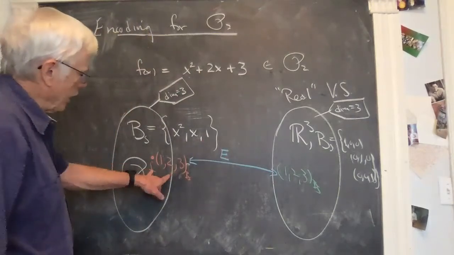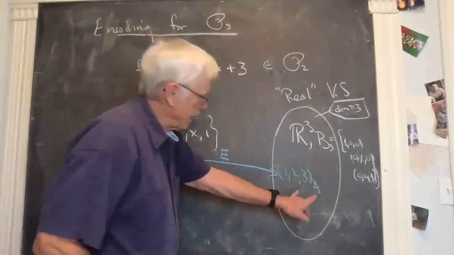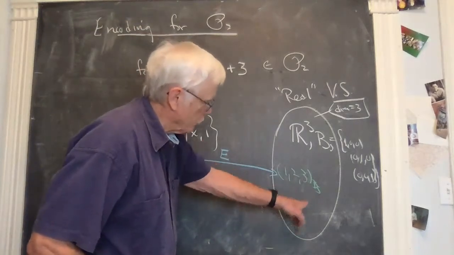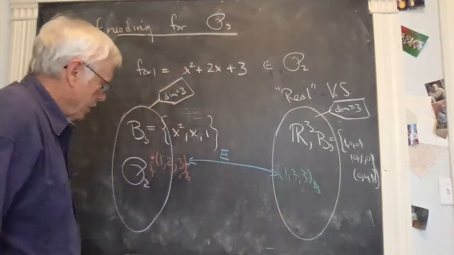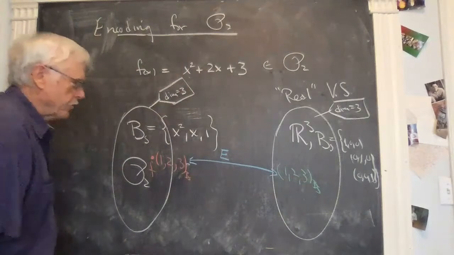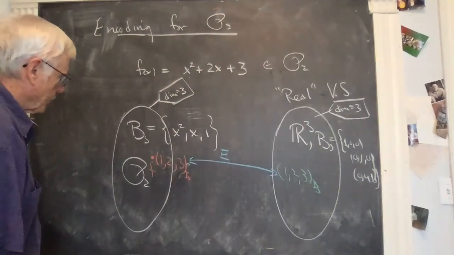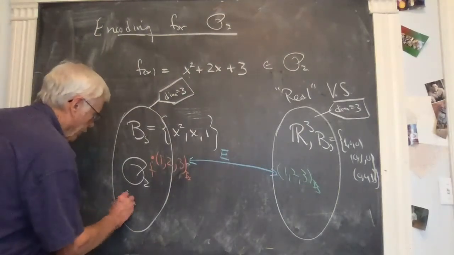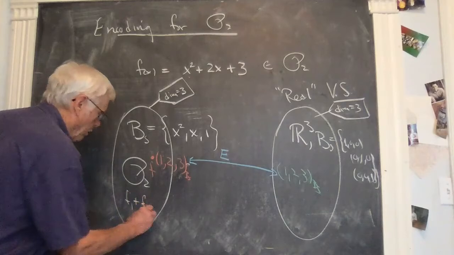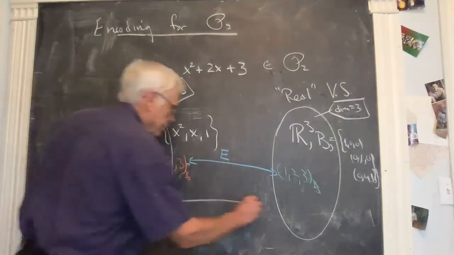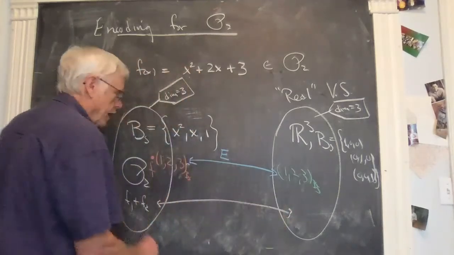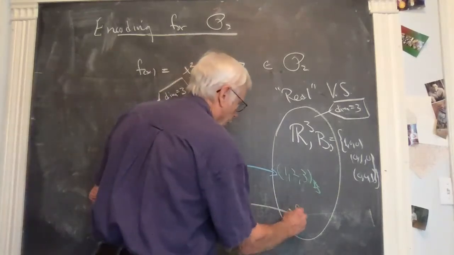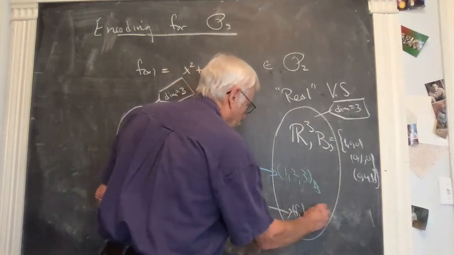If you add 2 guys over here, the coded versions, you will add 2 guys over here. The same kind of thing. So if you look at F1 plus F2, then it gets encoded by the encoding for F1 plus the encoding for F2.